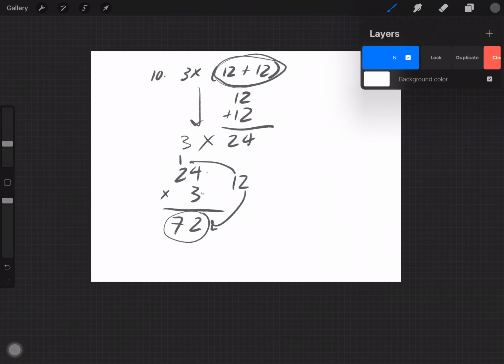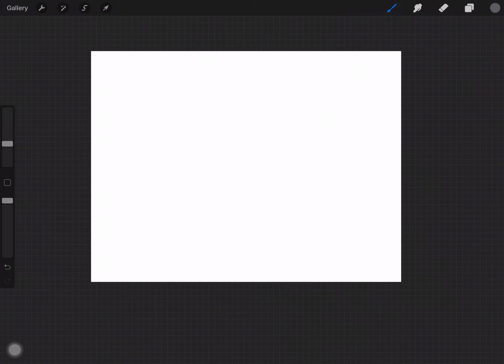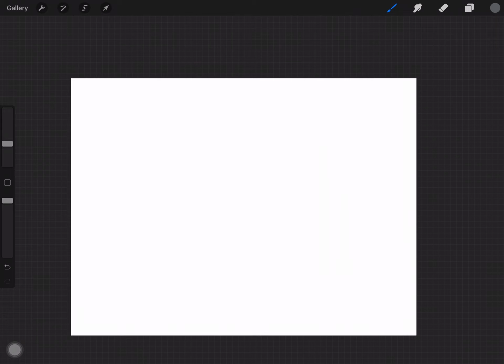So the last page is addition properties. Find the missing number. Now this one's kind of hard, but you guys should know your addition, subtraction, and multiplication and division by now, so this should be no problem. Start with number 1. It says 12 plus 64 is equal to something plus 12.